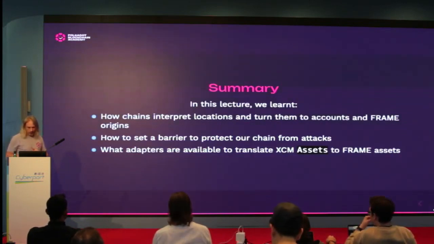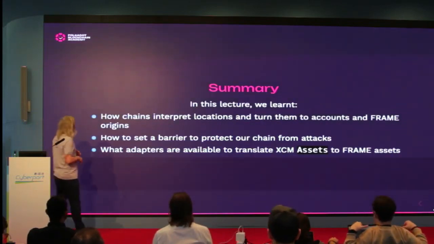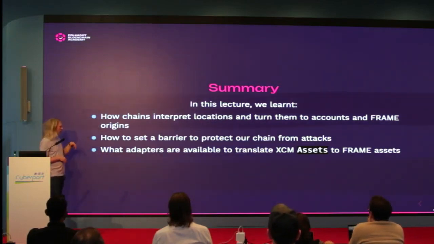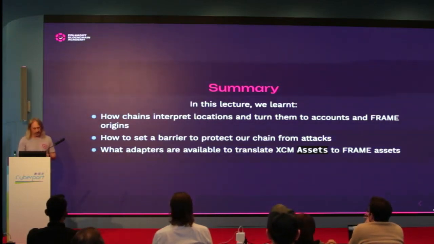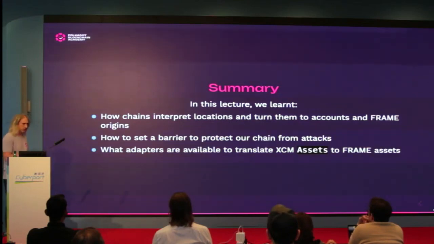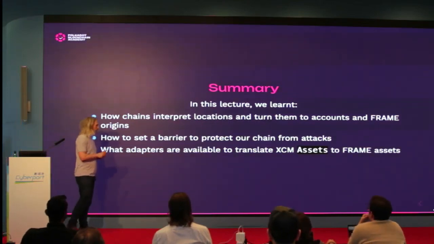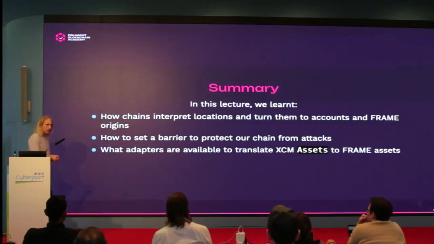Right, that was a long one, but you should be, I think, a bit better prepared to understand the sorts of attacks and security issues that might come about, particularly from questionable origins and questionable sovereign account conversion.